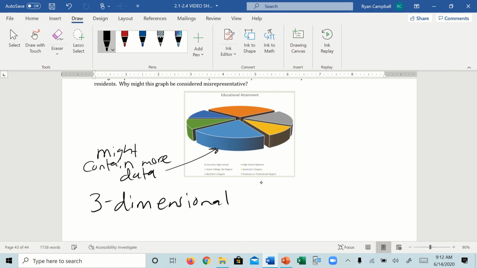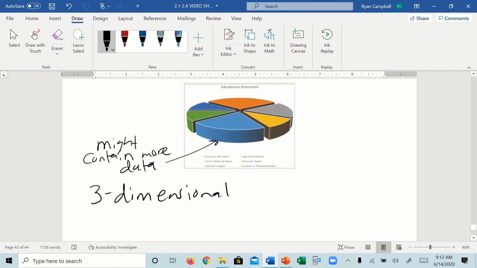Right? That's just the optical illusion of a 3-dimensional graph. But if you rotated any of these around, it might look like that one has the most. So yeah, even though this looks kind of cool, it's a problem because it has 3 dimensions.